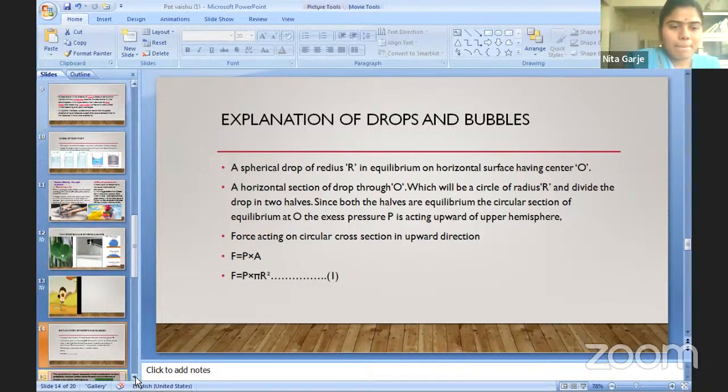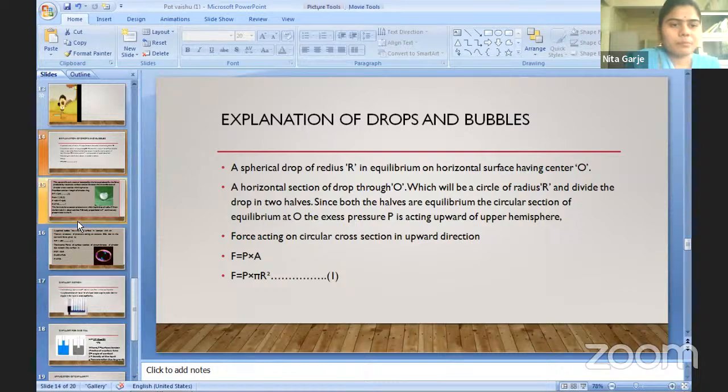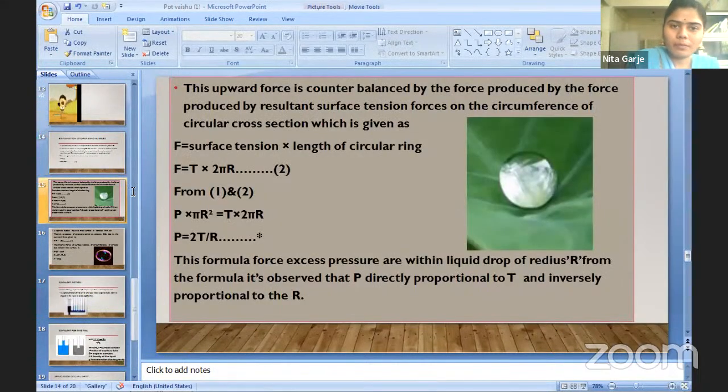Next, this upward force is counterbalanced by the force produced by the resultant surface tension forces on the circumference of the circular cross section, which is given as F equal to surface tension into the length of the circular ring, so F is equal to T into 2 pi r.